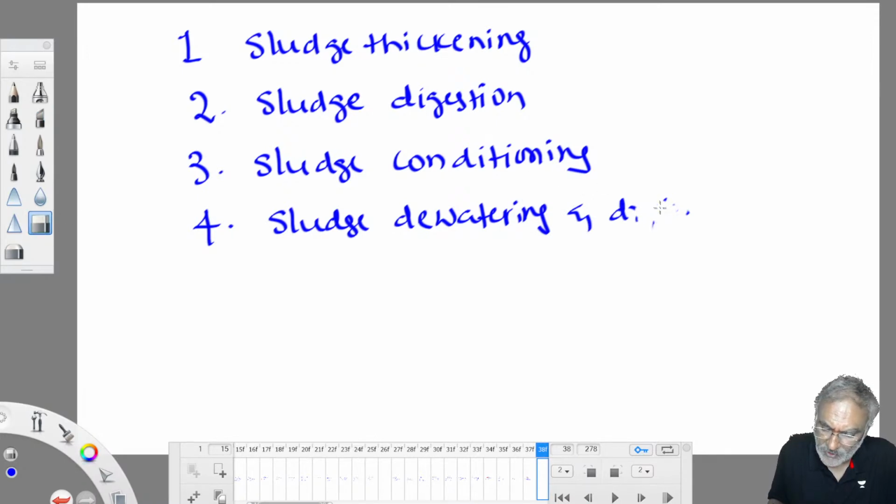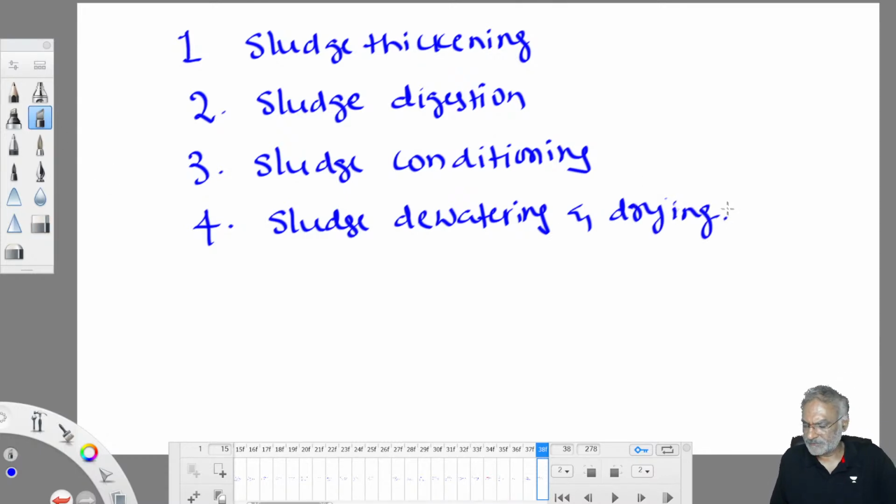So these 4 technologies we apply so that we can achieve volume reduction and strength reduction.